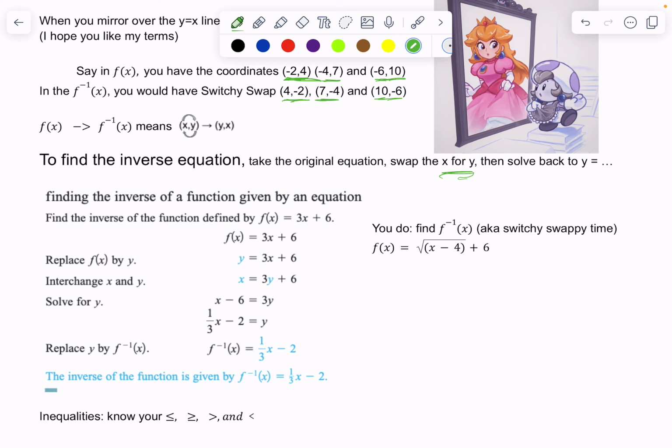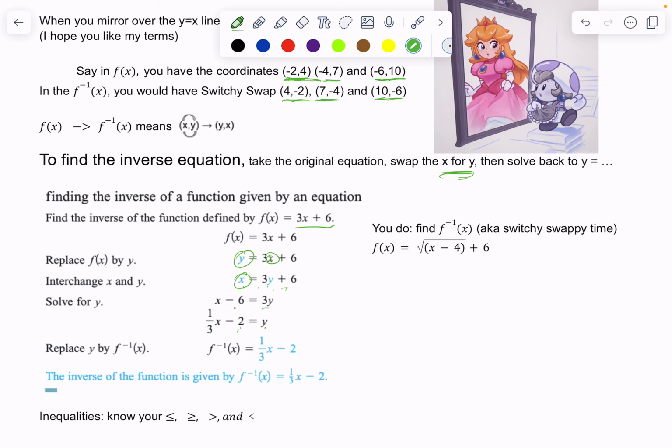If I have f of x equals 3x plus 6, let's rewrite this and swap the y and the x. So now I have x equals 3y plus 6. I'm going to move things around so that my y goes back to y equals. So minus the 6, minus the 6, divide by 3, divide by 3. This becomes 2 now. So I have y equals this.